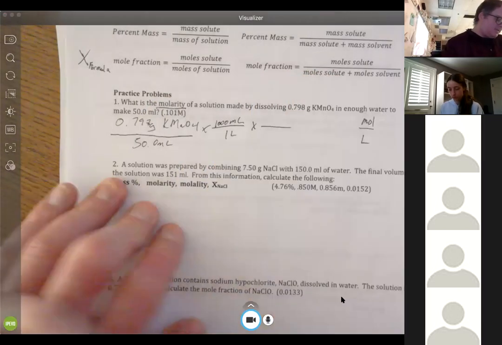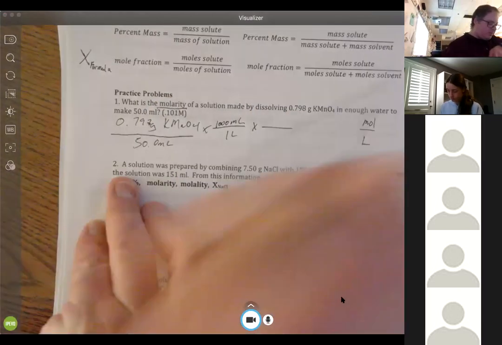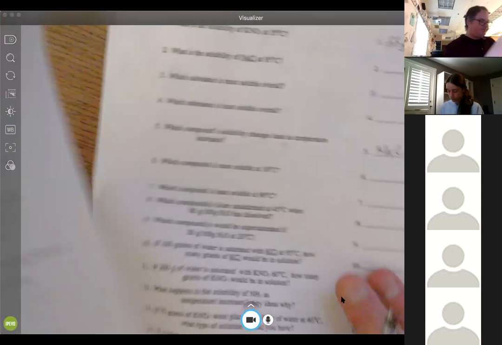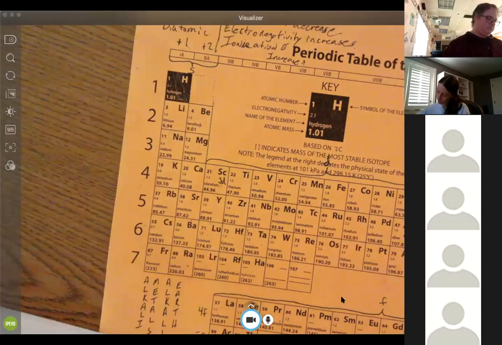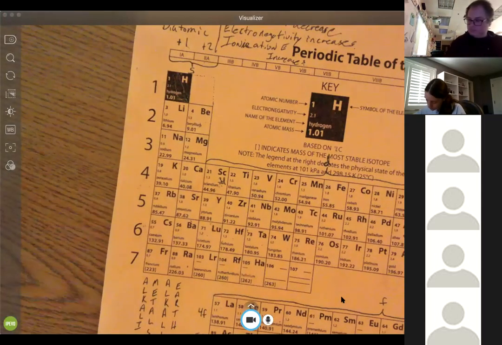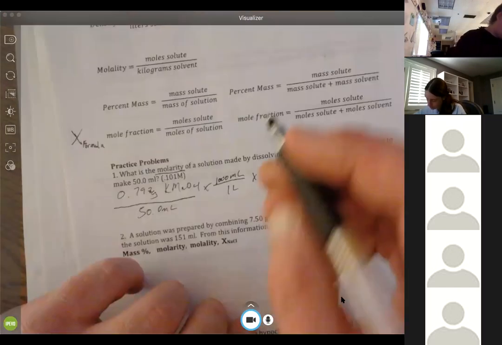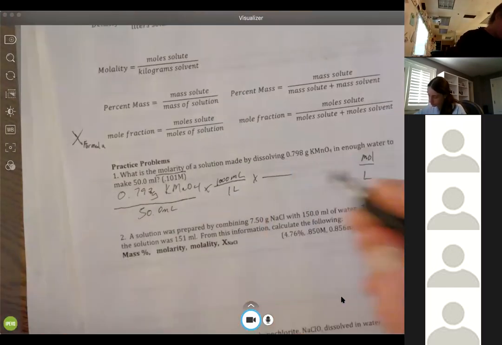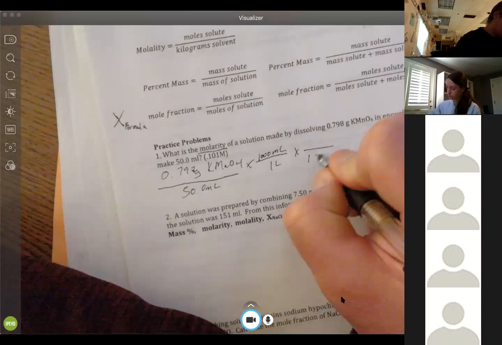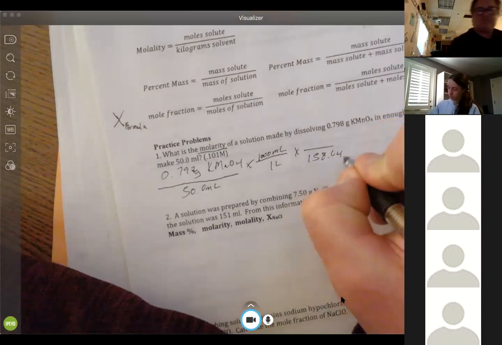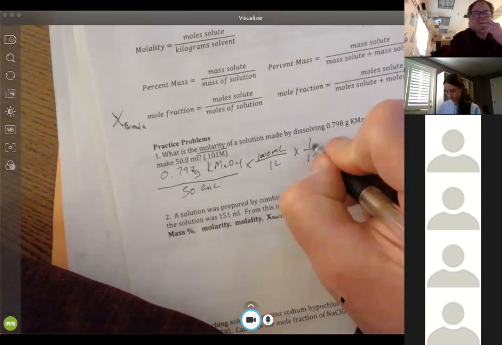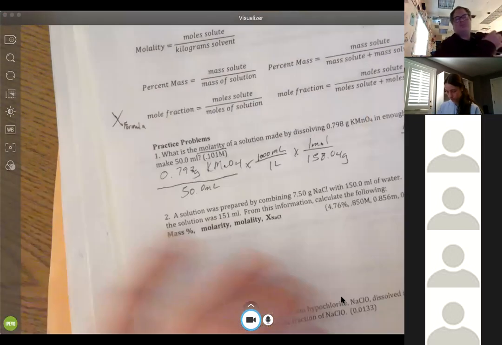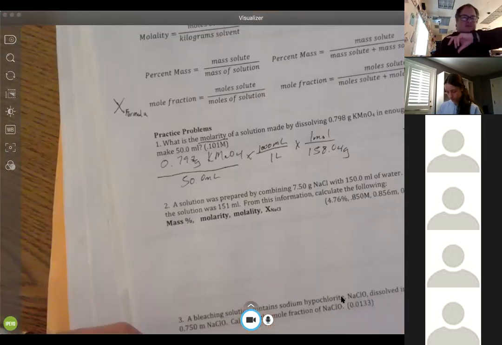4 times 16 plus 39.10 plus 54.94. So 158.04 from the periodic table. Grams is 1 mole. 0.798 divided by 50 times 1,000 divided by 158.04.